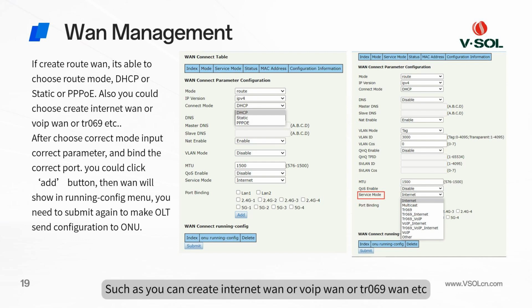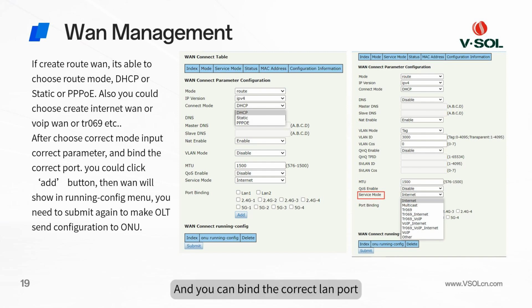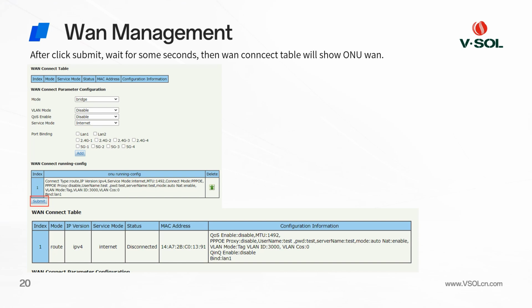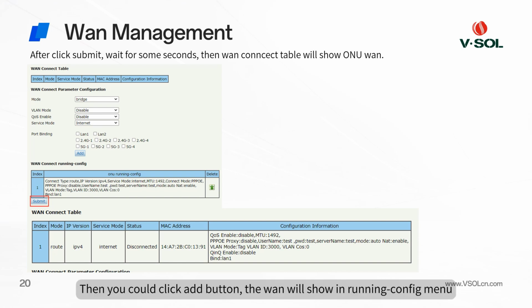Such as you can create Internet WAN or VoIP WAN or TR069 WAN, etc. After that, you need to input the correct parameter. And you can bind the correct LAN port. Then you could click Add button, the WAN will show in Running Config menu. And you need to submit again to make OLT send configuration to ONU.